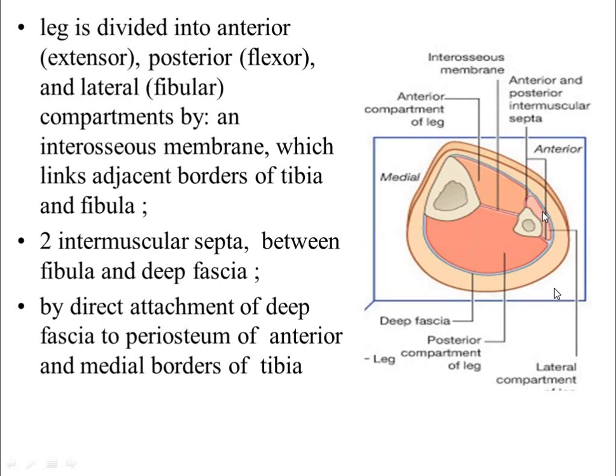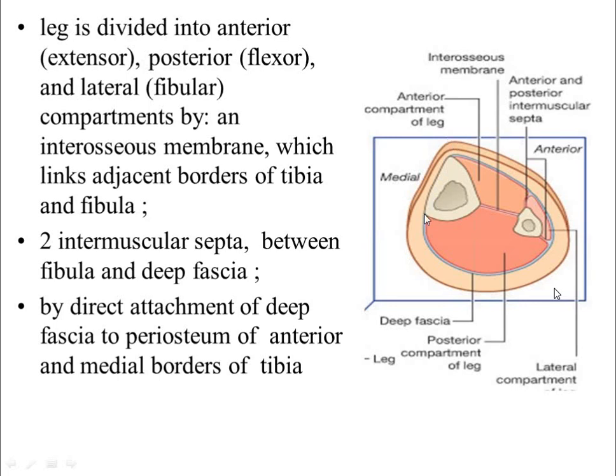The lateral compartment of the leg is between the two intermuscular septa, dividing the leg into three compartments, that is, the anterior and the posterior intermuscular septa attached to the anterior and the posterior border of the fibula, and this is called the lateral compartment.